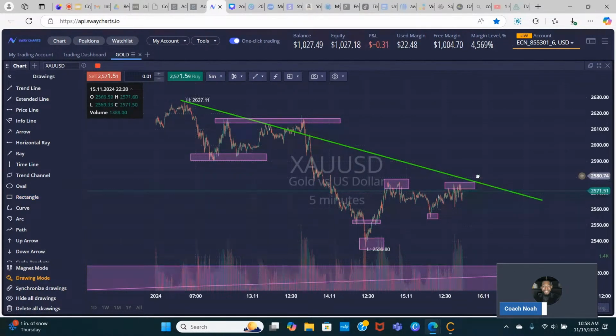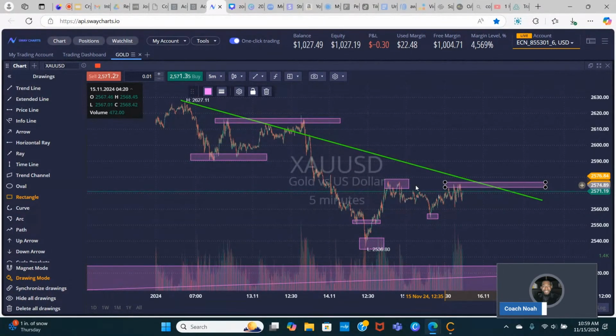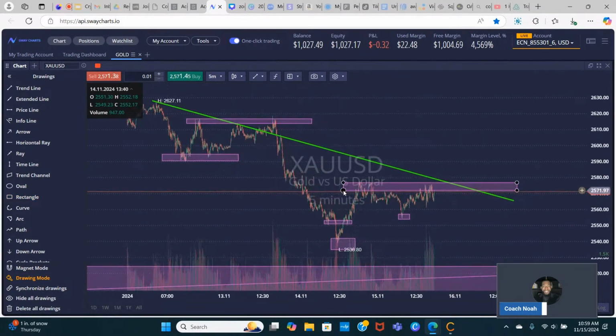Okay. If we extend this out, this top area will represent our resistance. Okay.